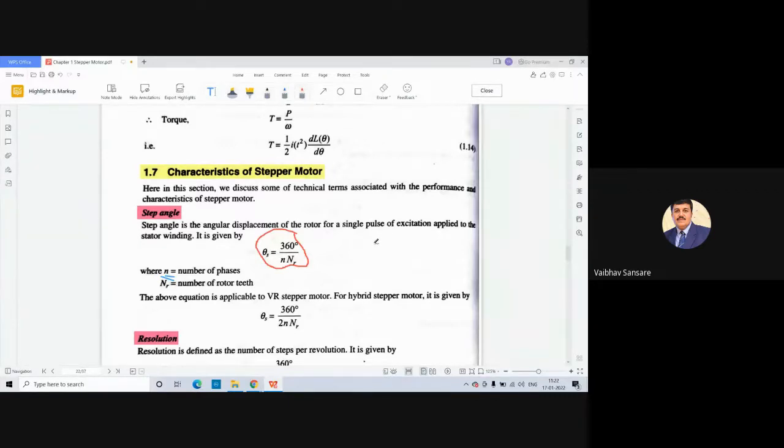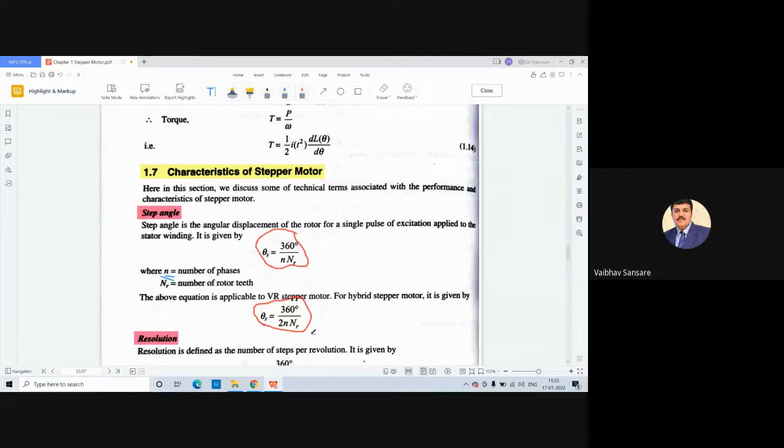For the hybrid stepper motor, as we have already discussed, there are two rotor stacks. Therefore, for the hybrid stepper motor, we determine the step angle by the formula theta s is equal to 360 degree divided by 2 times n into nr, where n is the number of phases and nr is the number of rotor teeth.